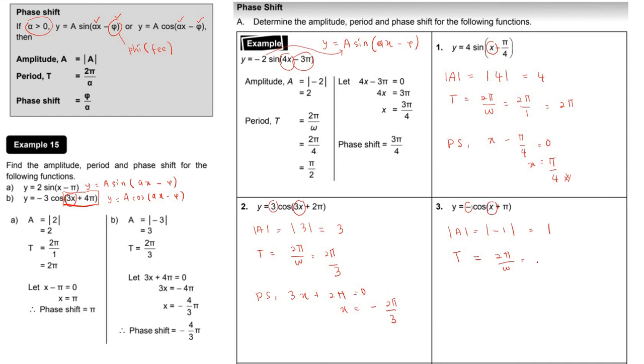Omega here, x, so omega equals 1. So period is only 2 pi. And then to find phase shift, take everything inside the bracket. x plus pi equals 0. So x equals negative pi. Negative pi is our phase shift.